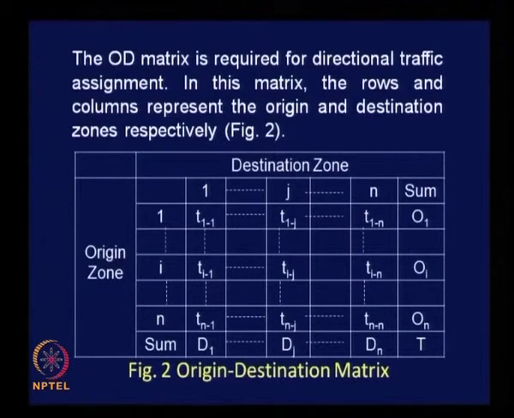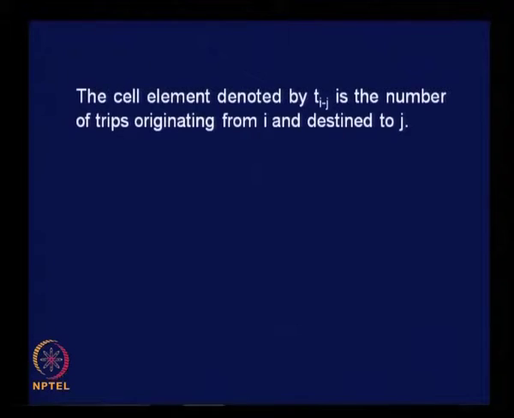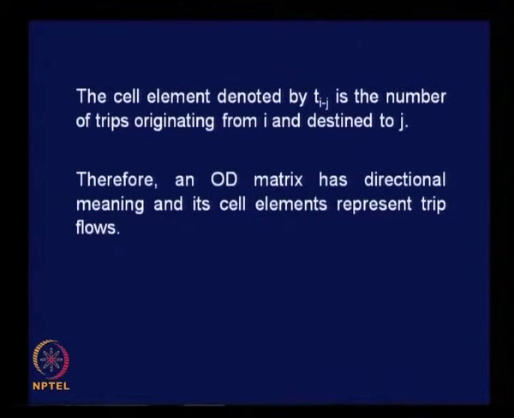And the cell element denoted by Ti-j is the number of trips originating from i and destined to j, as we understood earlier, and therefore an OD matrix has directional meaning. It gives you information about direction of movement and its cell elements represent trip flows.